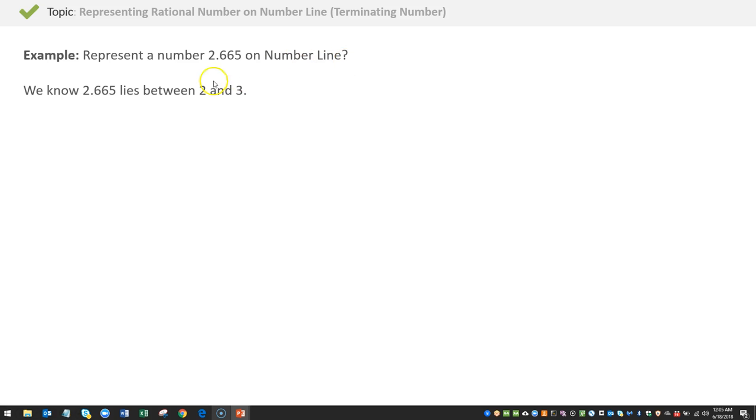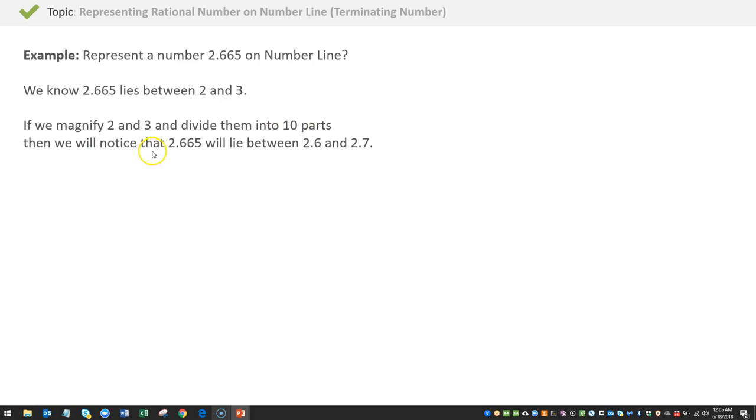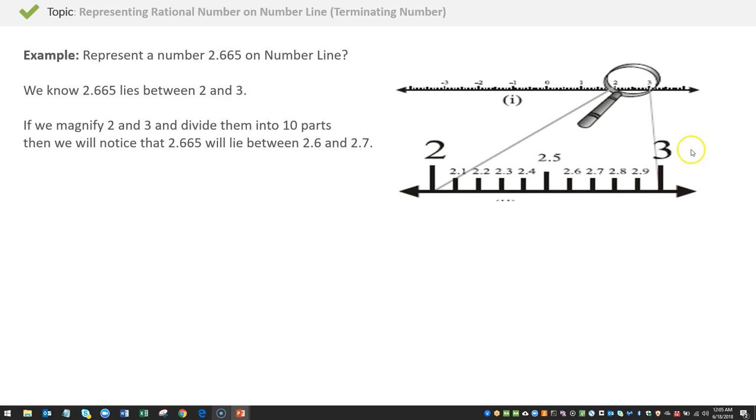We know 2.665 lies between 2 and 3. If we magnify 2 and 3 and divide them into 10 parts, then we will notice 2.665 will lie between 2.6 and 2.7. Let's take a look.